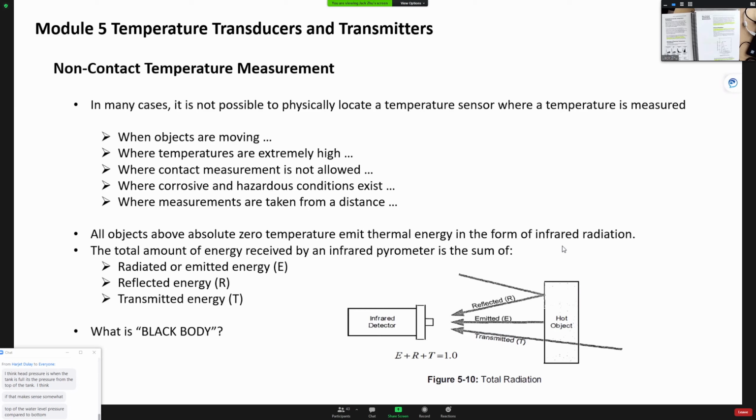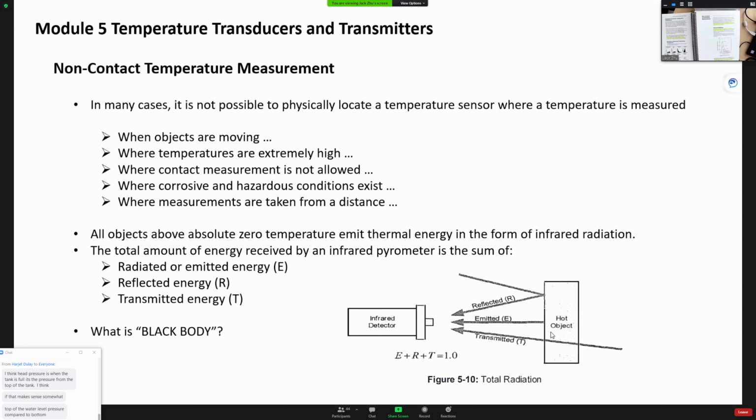The amount received will depend on a few things, the surface of the object or the type of the object. So some are radiation and the emitted energy. So this E is emitted energy. Reflected energy, if the surface is really, let's say, shiny white, they can reflect a lot of heat energy.